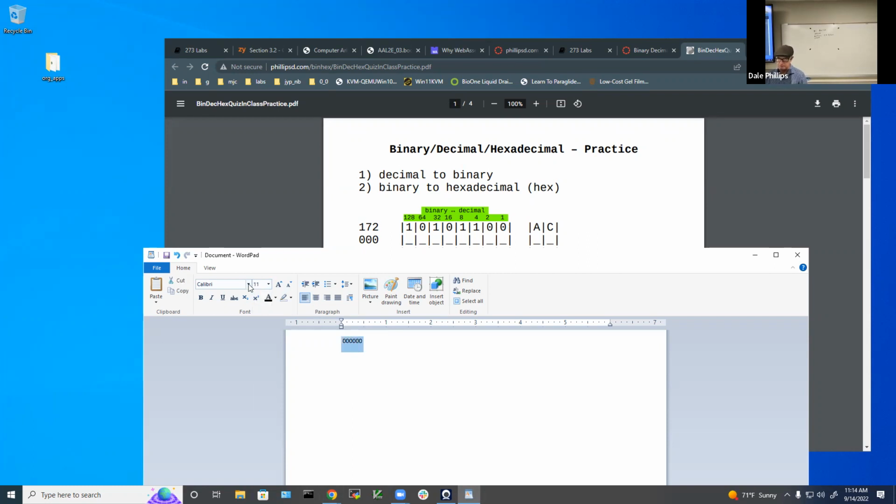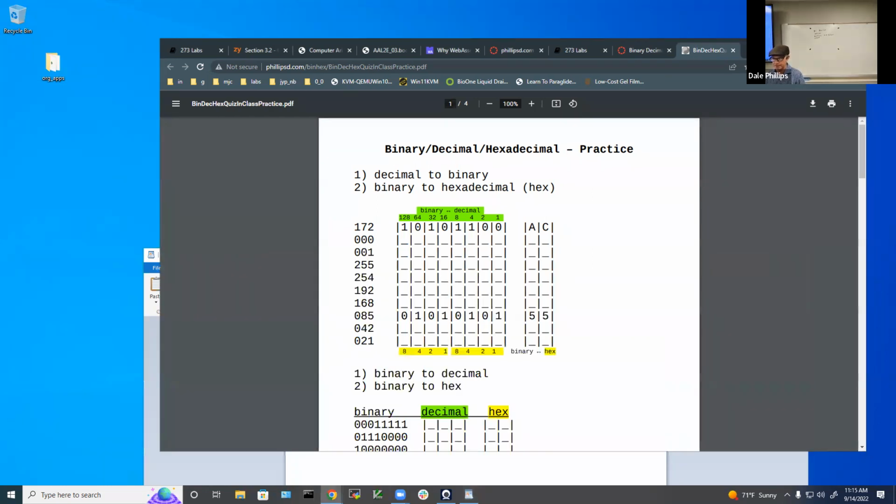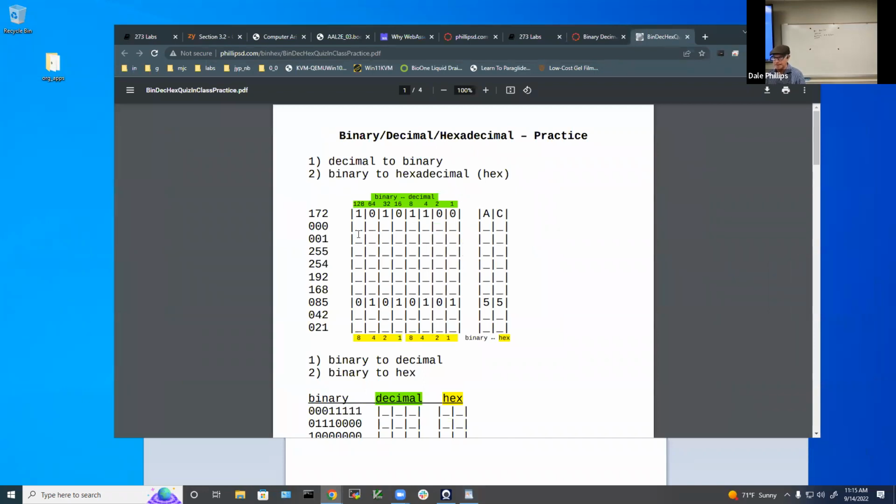How about 20? Okay. So it's basically going to be 8. I got two groups. All right, try to line it up a little bit. Okay. So that would be the first one.